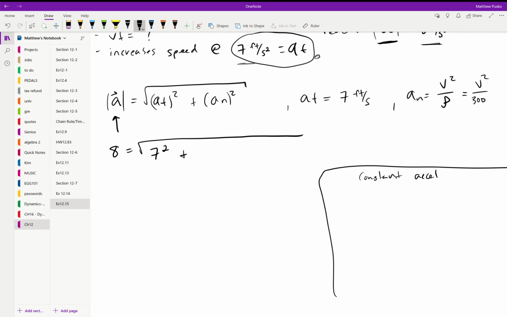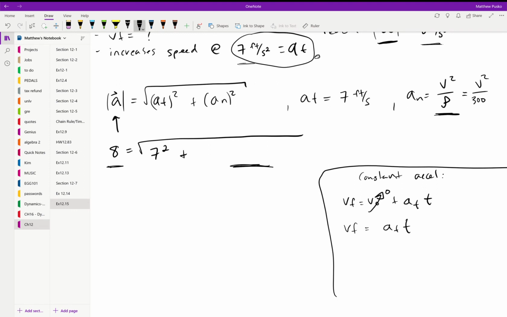What's its speed as it goes around? And what does its speed have to be to have a v squared over rho component big enough to make our magnitude end up being 8? So, constant acceleration equation: v final is equal to v naught plus the acceleration in the tangential direction times time. We started from rest. Therefore, we get a final velocity as the acceleration times time.